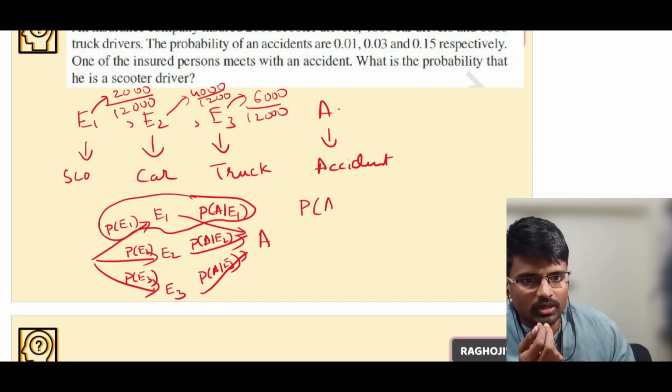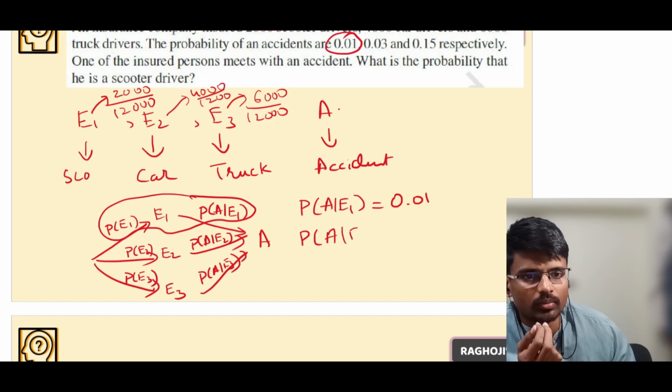And what is your probability of A when E1 has occurred? 0.01. Probability of A when E2 has occurred is 0.03. Probability of A when E3 has occurred is 0.15.